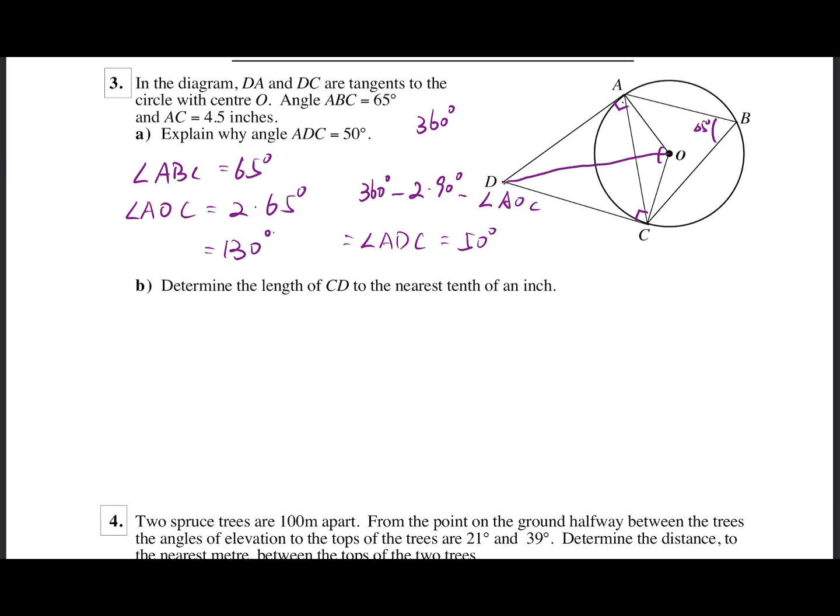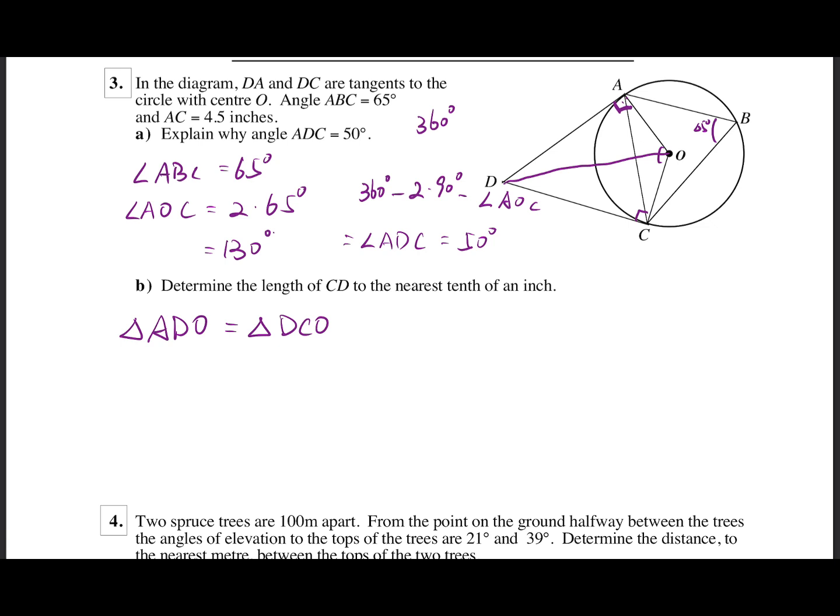Then we need to find the length of CD. For this, we connect D and O. The first thing we know is that the two triangles are congruent, because they share the side DO, AO and CO are the same since they are radii, and both have a right angle, DAO and DCO.